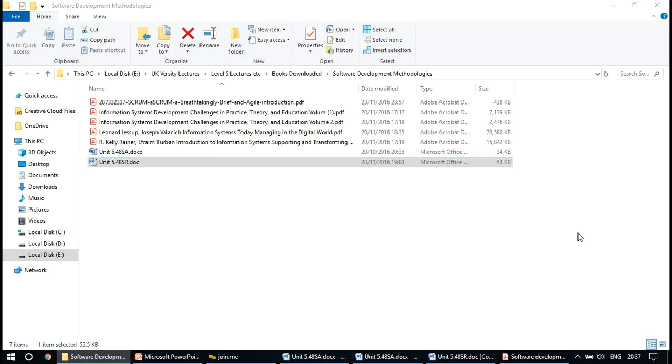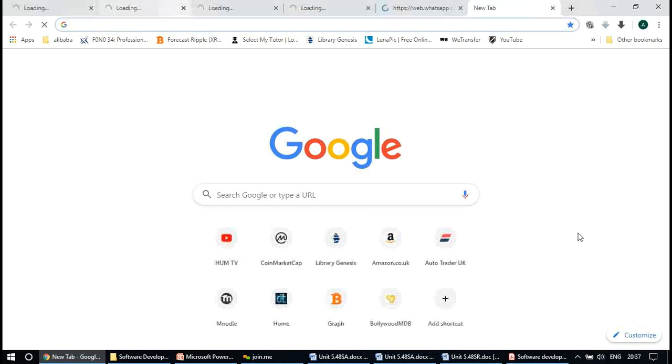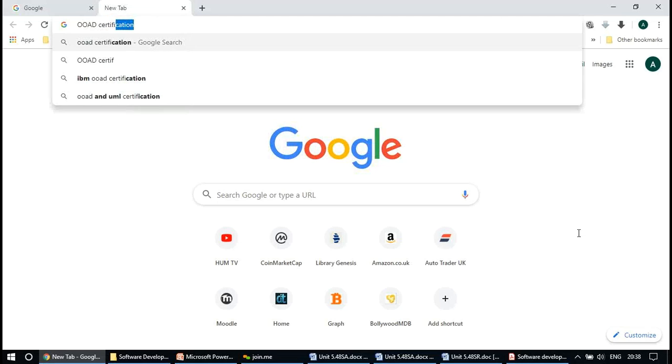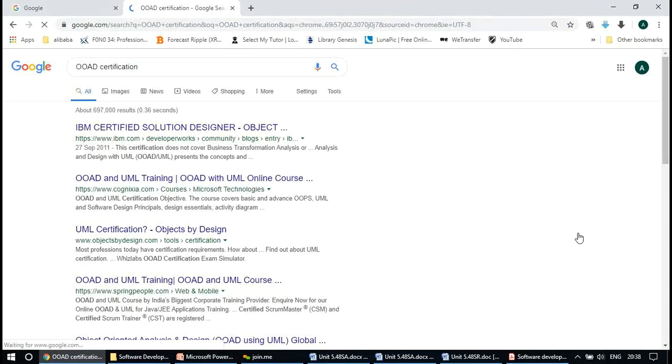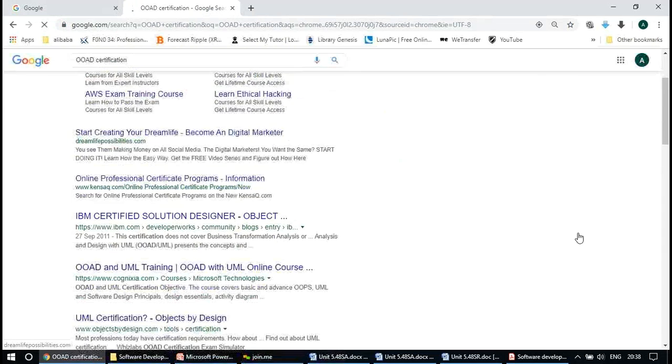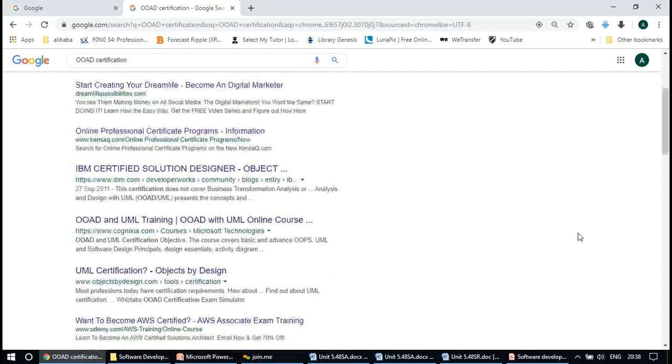It would be an additional thing for you. Yeah, it's the IBM certification, OOAD and UML training, and then you get the certification, and there are some additional topics from design.